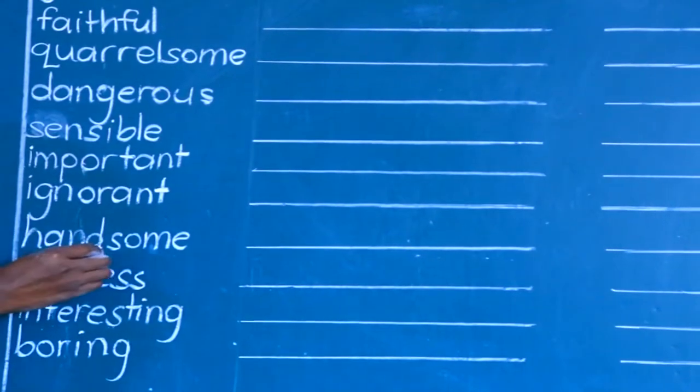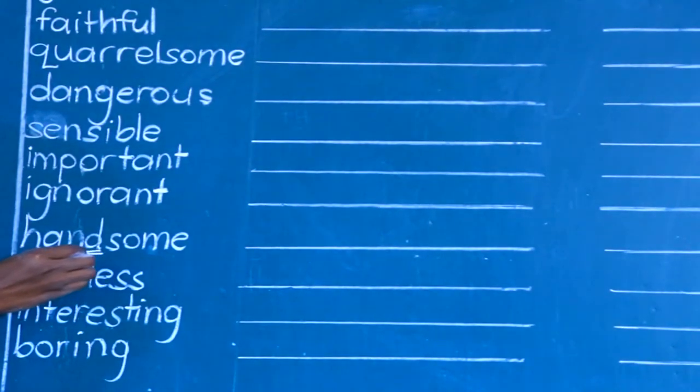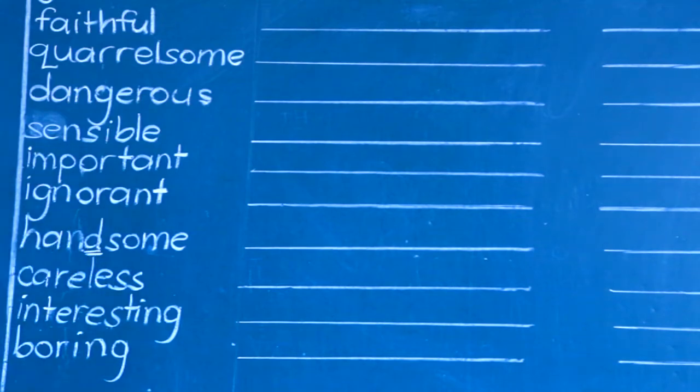In handsome, letter D, like we said, is not pronounced. It is a silent letter. We say handsome, not handdsome.